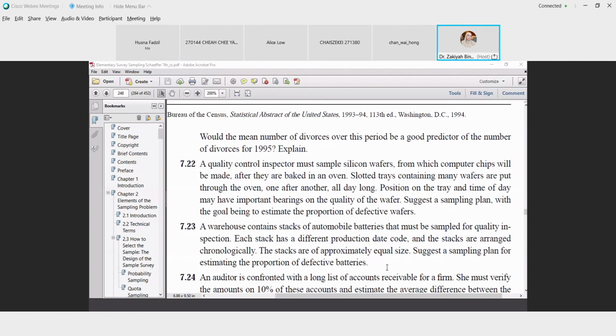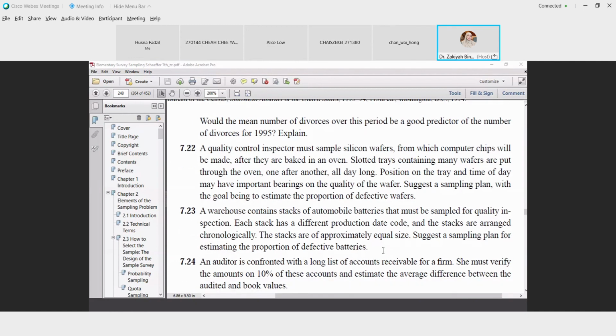Each stack has a different production date code. What do you think? Should we stratify? Should we combine stratification and systematic sampling? We can do that.